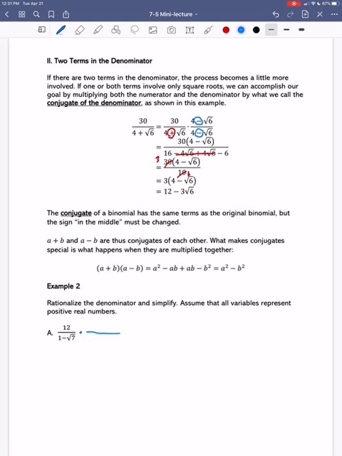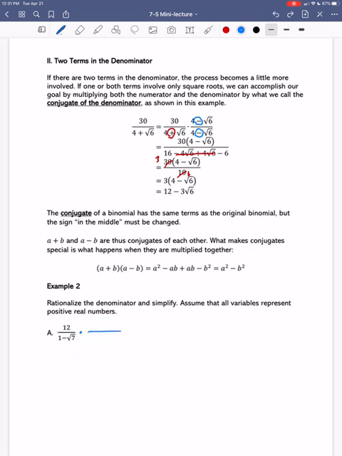If I multiply just by the square root of 7, I would have to distribute that, and I'd get 1 times the square root of 7, and then square root of 7 times square root of 7 is 7. That square root went away, but I added in another square root. So that's not going to work. Let me get rid of all that stuff.